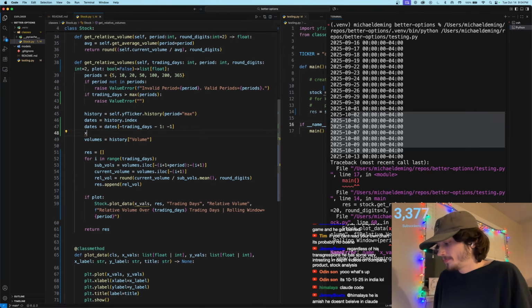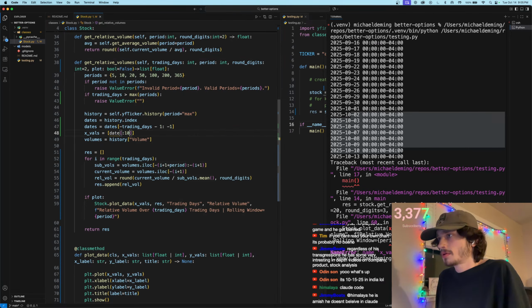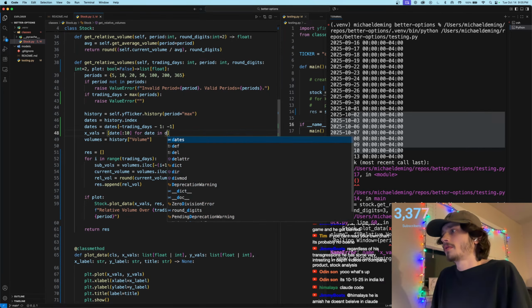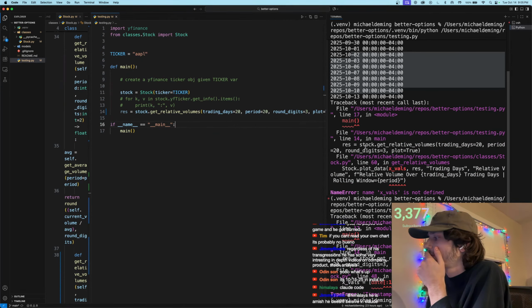So we'll say x values is equal to date for date in dates. Timestamp object not scriptable.